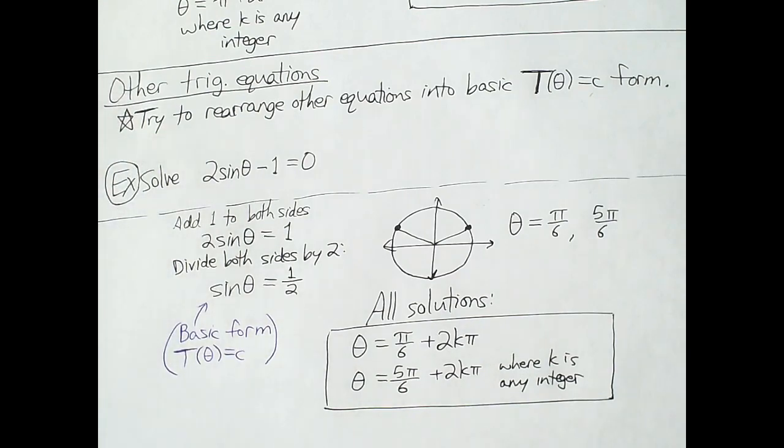And that's it. So all we had to do was a couple of extra steps before solving it, and it really just felt like algebra, adding 1 to both sides, dividing both sides by 2, just some stuff like that.